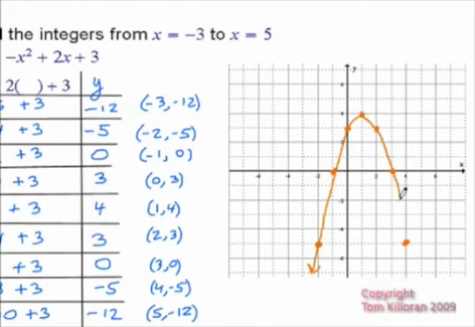But there are some graphs that are a little crazy between any 2 points, and we have to be a little cautious of those, but that's a little bit later on. And that's it. There's your graph of x equals -3 to x equals 5 of y equals -x² + 2x + 3.